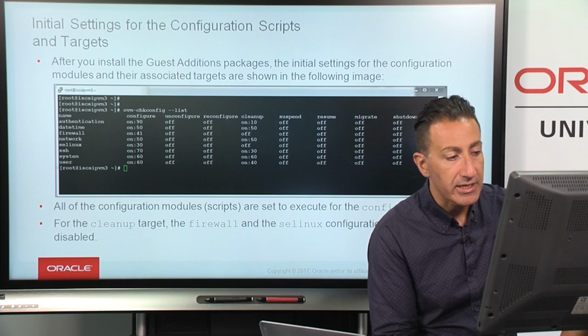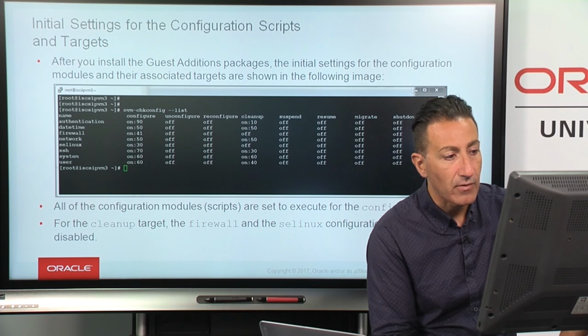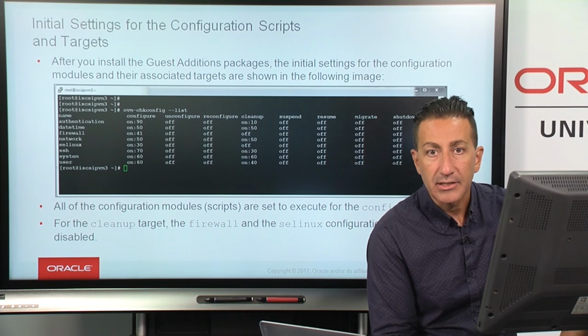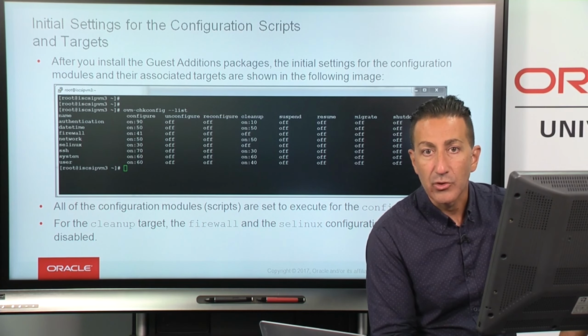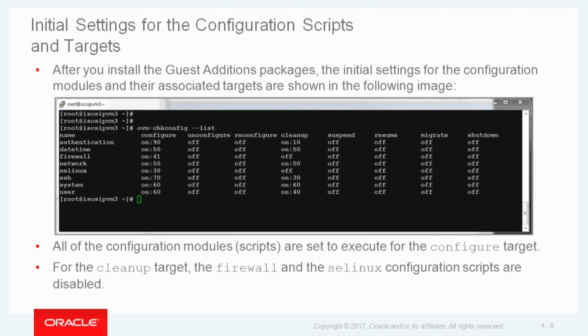For the target, in this case, you see that only configure and cleanup are set up by default, and the others are usually not being used at this moment. So you see that it's similar to the run levels. Configure is on, and it specifies, for example, the priority or the order in which scripts should be executed when you run for the first boot, or when you perform a cleanup and reboot the host and you want to provide this information again.